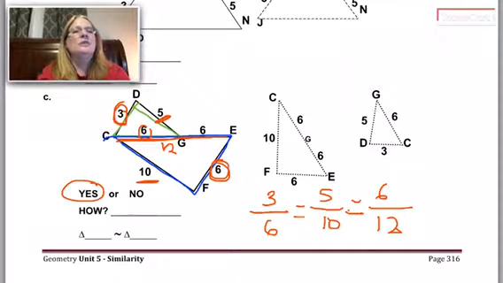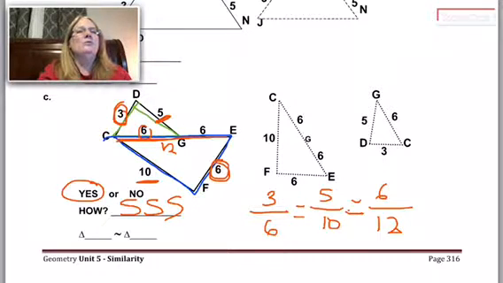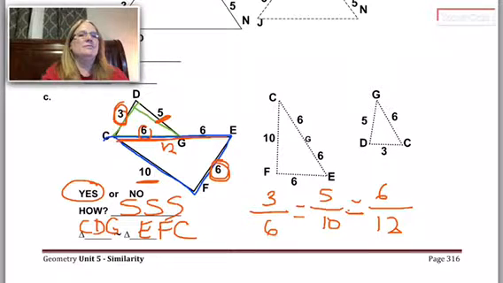So yes, we have similarity. It's side-side-side similarity. And now when you put them in order, be very careful. CDG lines up with EFC.